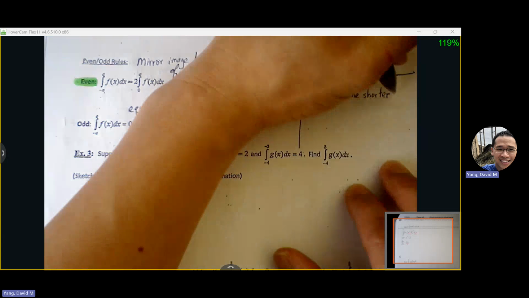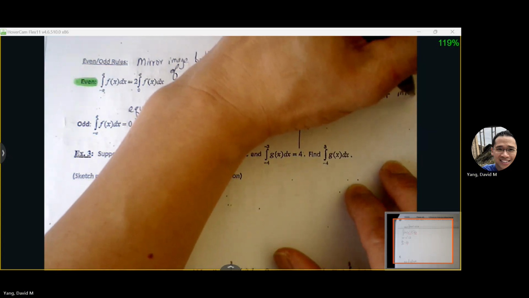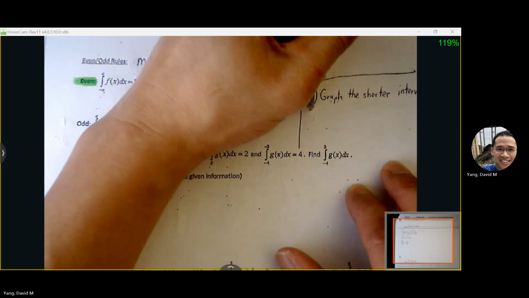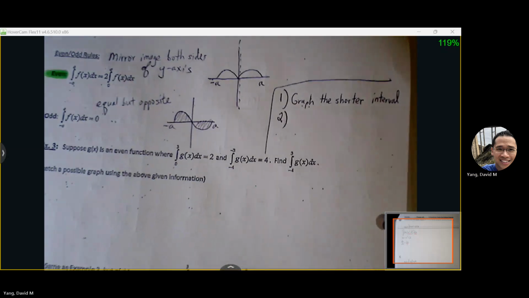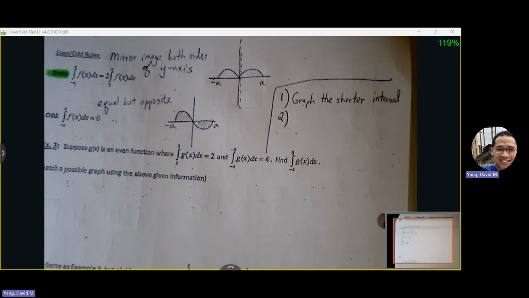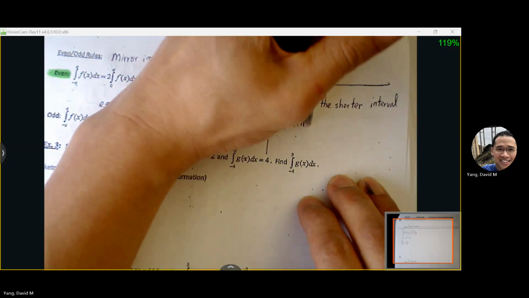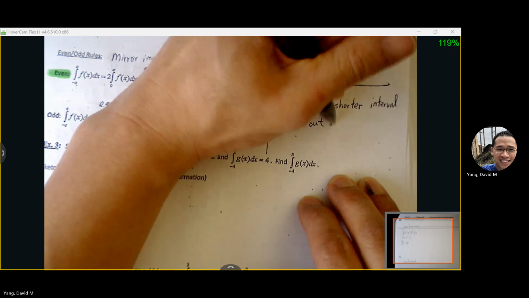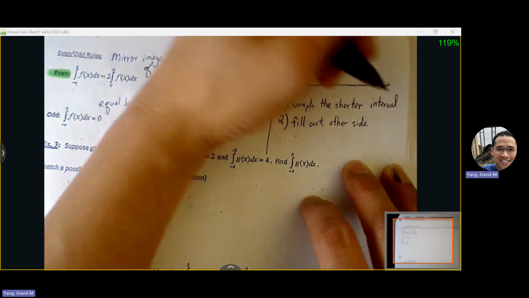Not the smaller area, but the shorter interval. The second step, you're going to fill out the other side based off of the shorter interval.